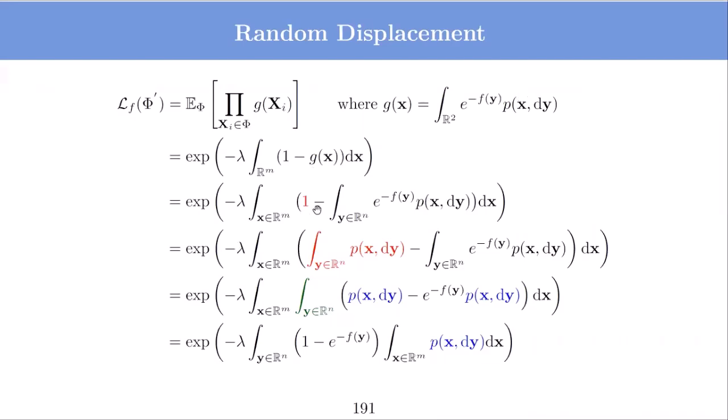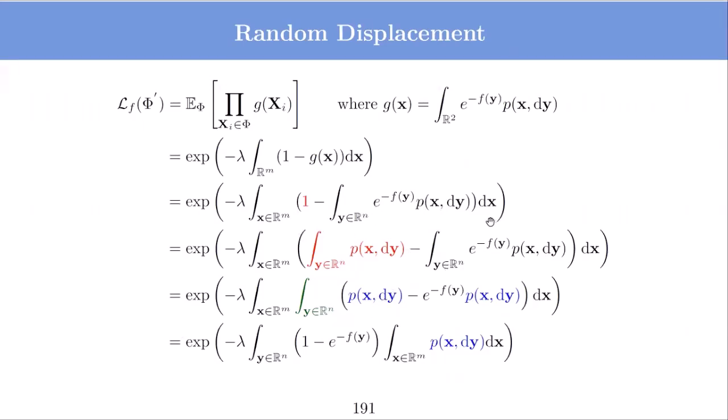So I get exponential of minus the integration of 1 minus e to the power minus f(y) p(x, dy) dx. And just notice this integration is over y and this integration is over x. It may happen that y is actually in Rn and x is in Rm, so they can have different dimensions. So you can always displace a point from one dimension into another dimension.